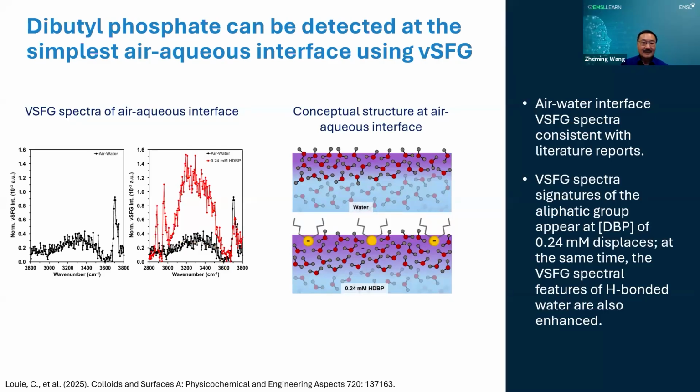What happened is that because we have those dibutyl phosphate groups here, possibly at such a low concentration, the majority of the HDBP actually deprotonates and forms an anion. So we have an electrified interface there. Because of that, it realigned more water molecules there, and so we see a significantly enhanced aqueous spectrum.